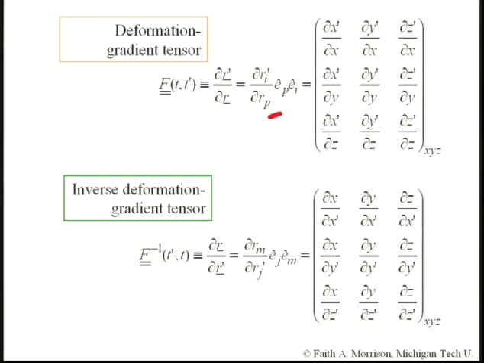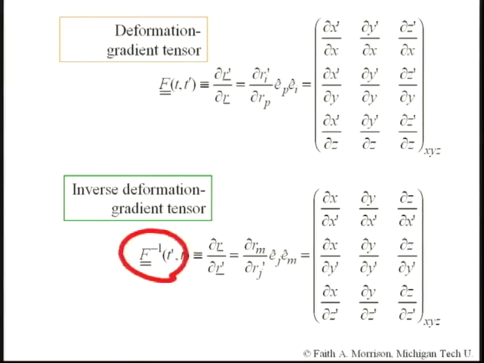If you write it in Einstein notation, you might write it like this as r. That would be fine. Fundamentally, it's a gradient just like the velocity gradient. The thing on the bottom goes across the rows, so these have no primes on them. The thing on the top goes down the columns, so this is x prime coming down the column, y prime coming down the column, z prime coming down the column.